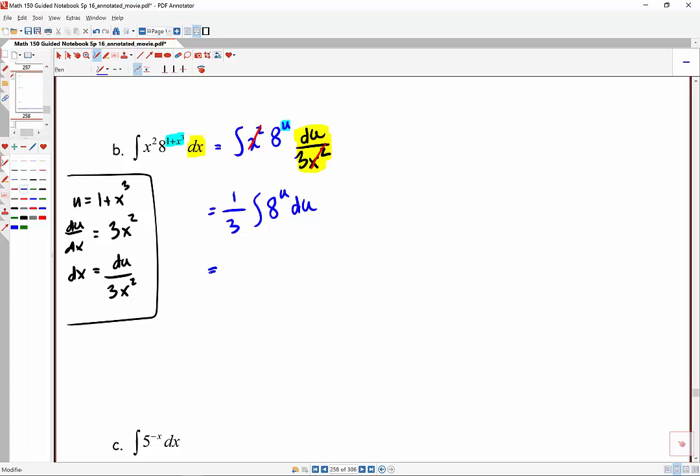Good. 1 over 3 times natural log of 8, okay so far, times 8 to the u plus c. And then cleaning it up and back substituting, we're going to have 8 raised to the 1 plus x cubed all over 3 times natural log of 8 plus c.